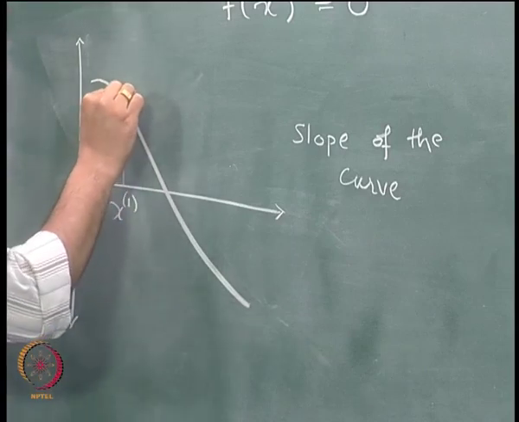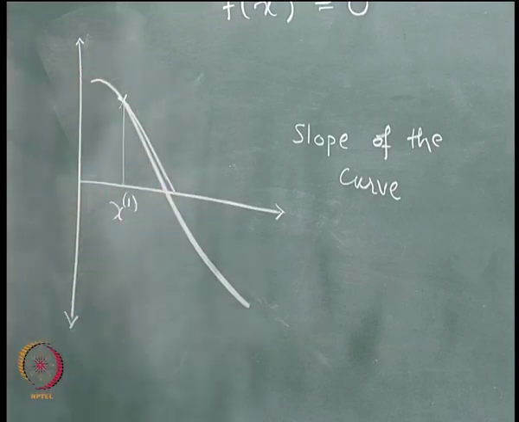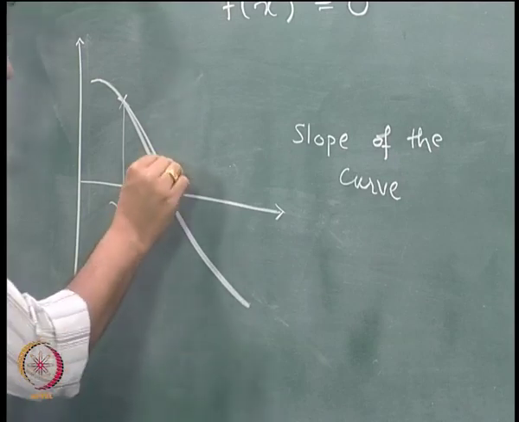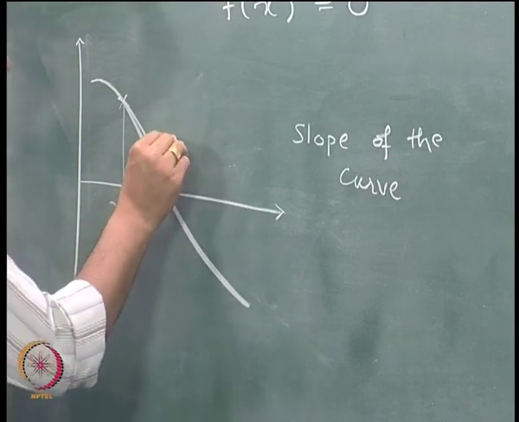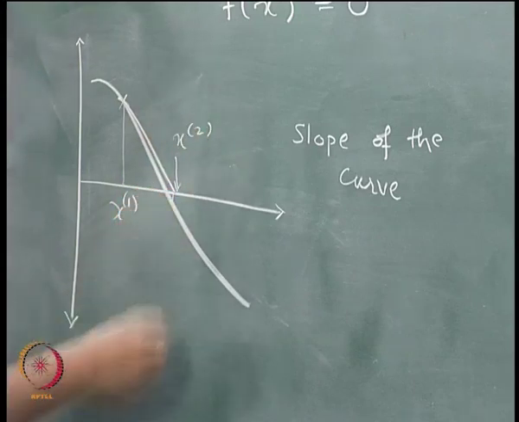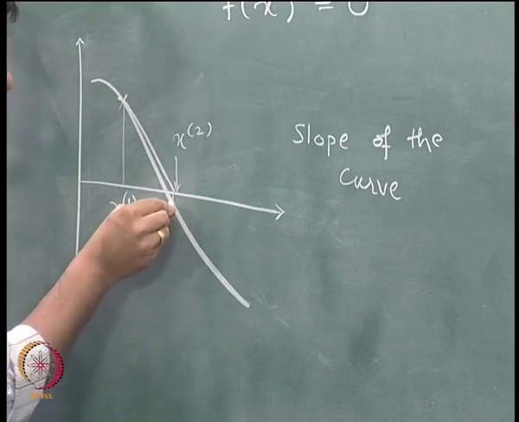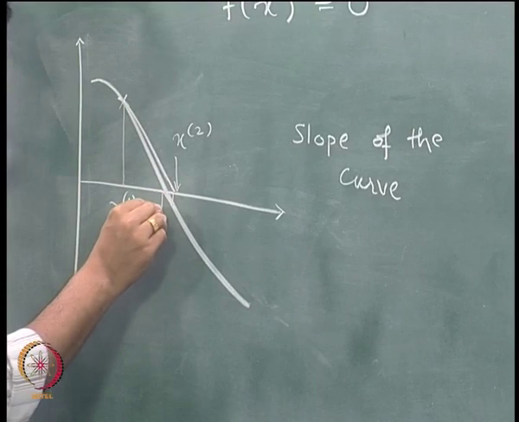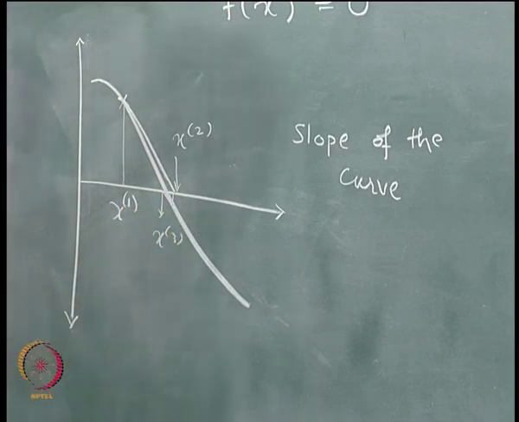We obtain the tangent to the curve at point x1, draw that line, and find the point at which the tangent intersects the x axis. That point is our x2. At f of x2 again we find a tangent to that curve, find where it intersects the x axis, that becomes our x3, and so on and so forth.